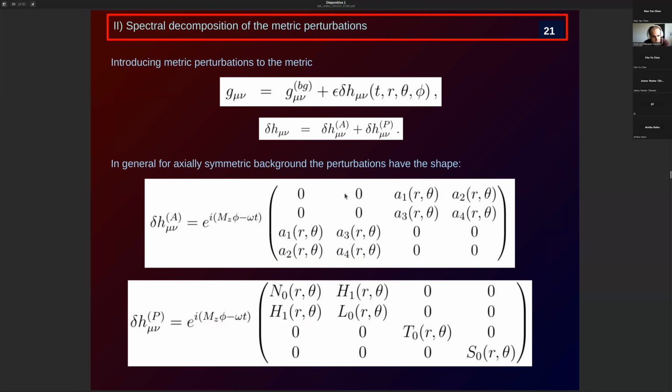This is the shape they have. If you write it as a matrix, the axial is a bit simpler. You have these four metric functions. And for the polar, you have these other metric functions. Because you have axial symmetry, you can always say that your behavior with the phi angle is going to be a harmonic, introducing an m constant, okay?